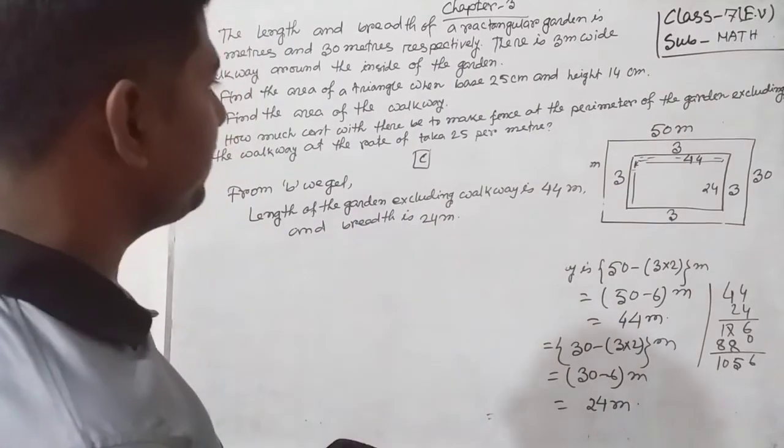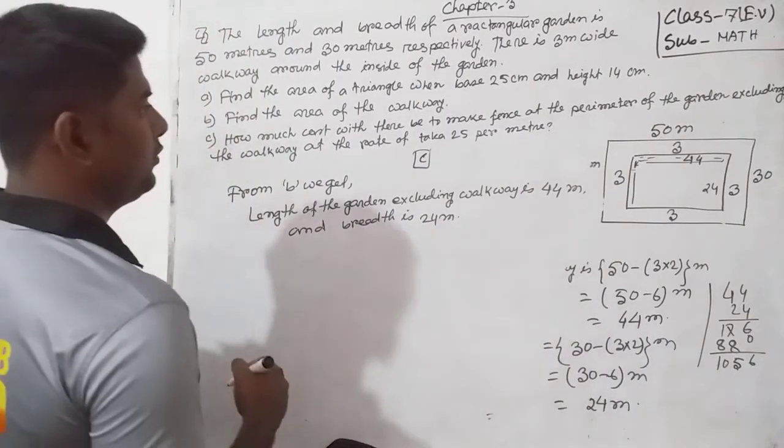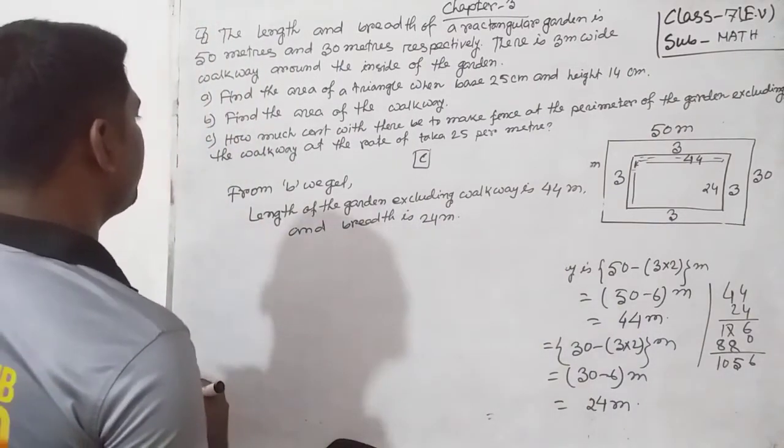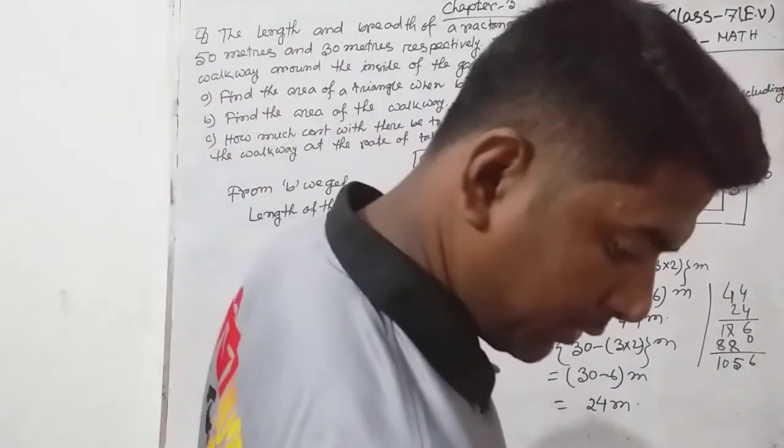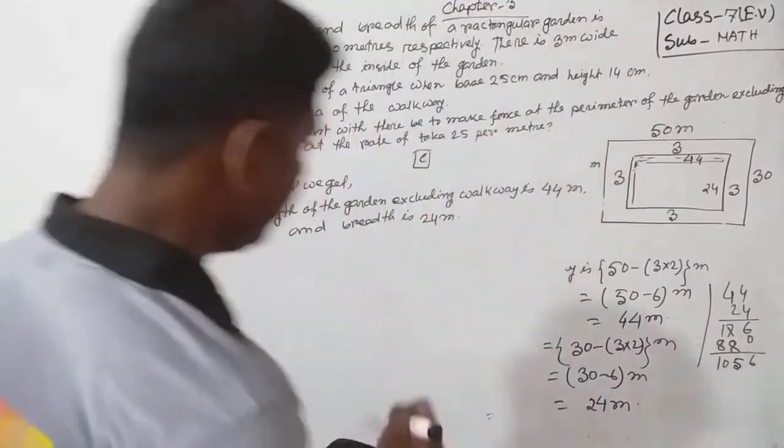Now we find out the perimeter of the garden excluding the walkway.